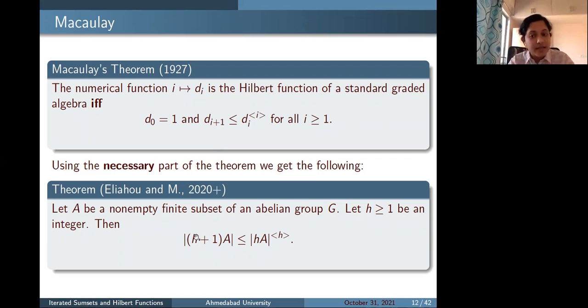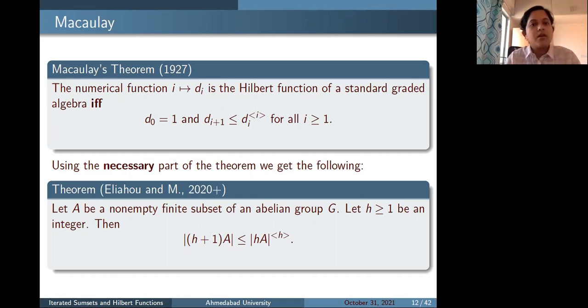That means we will have this inequality: the cardinality of (h+1)A is less than or equal to the bound in terms of the cardinality of hA. And this should happen for all integers h greater than or equal to 1. Now, one can see that it's a similar result to what we have in the Plünnecke inequality as well.